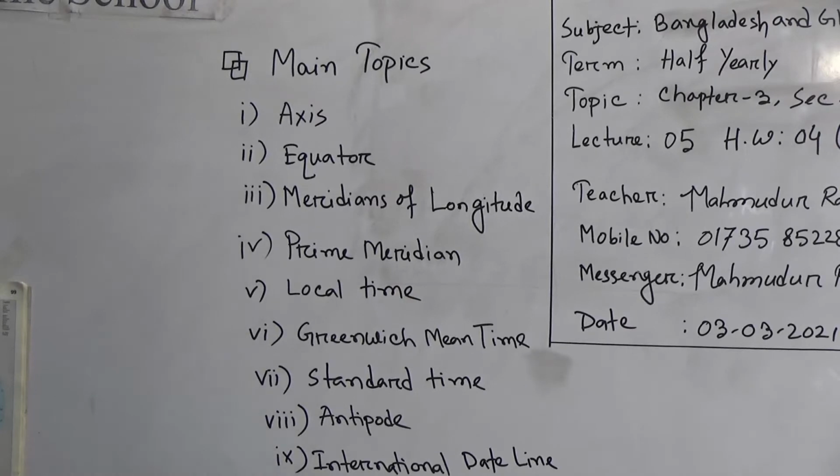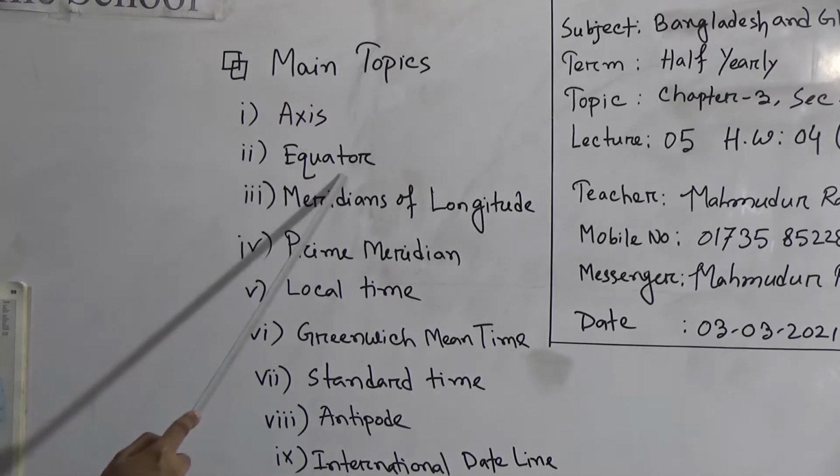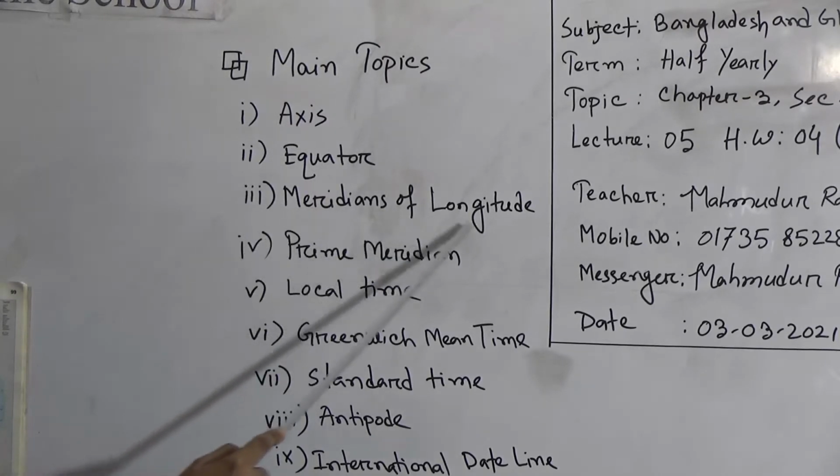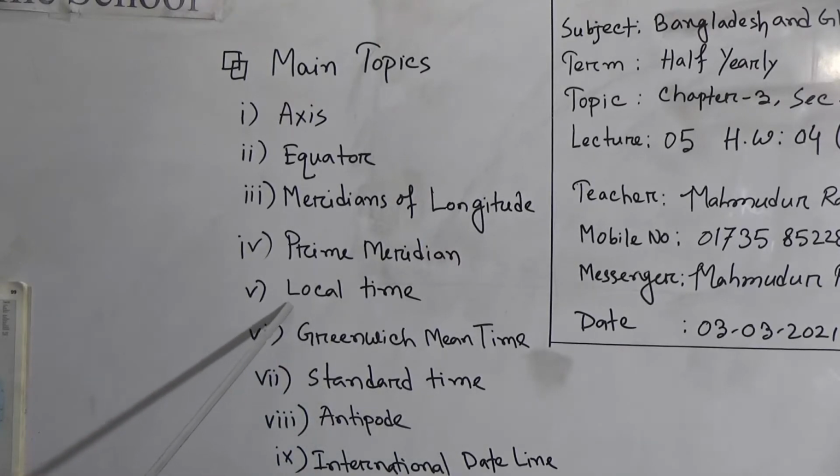That means when we want to calculate the times of different areas of the world, we have to know several things. So at first we have to know what is axis, then what is equator, meridians of longitude, prime meridian, local time, Greenwich Mean Time, standard time, antipode, and then international deadline.